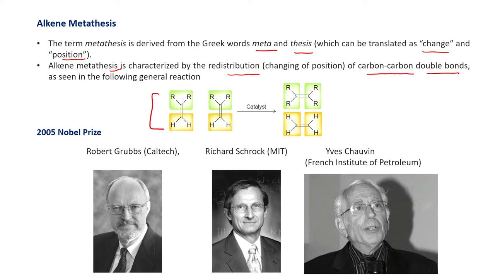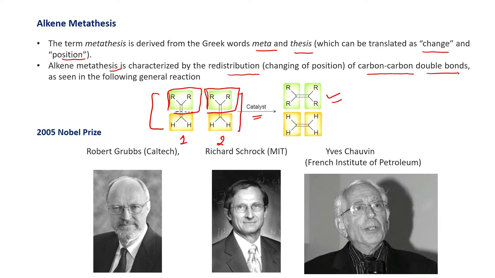So you can see this alkene 1 and another alkene 2, when they react in presence of catalyst, you will get your first product in which this group is getting attached with this group.